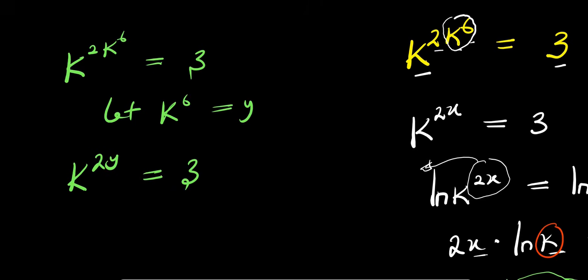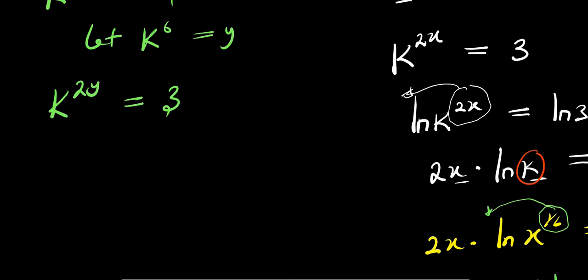And from here, I will decide to isolate k. If you have k power 6 equals y, that means to isolate k, you multiply each of the exponents by 1 over 6.